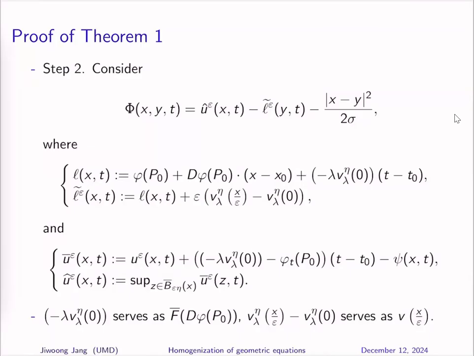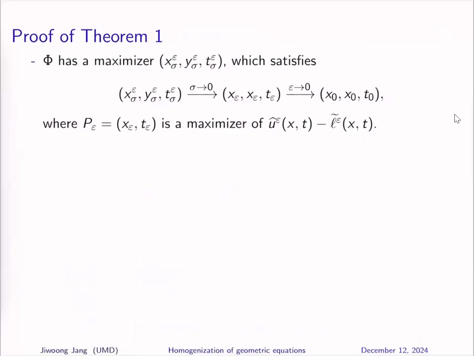Then by the Hessian estimates, the derivatives of U hat satisfy the Hessian estimates. And the function has a maximizer and it satisfies this order of limits. If we take the limit as sigma goes to zero first, we have this, and then we take epsilon to zero next, and we have this limit, which is p0.